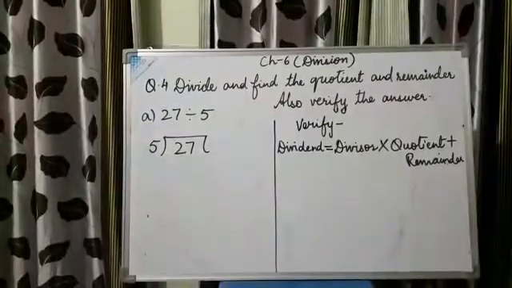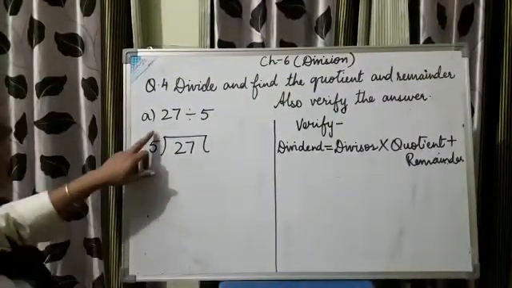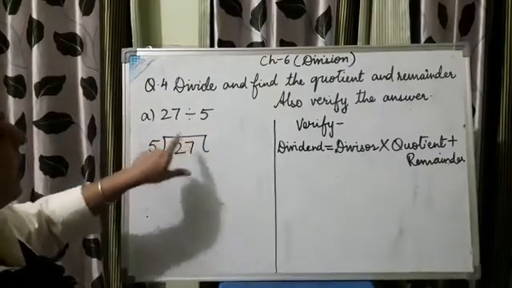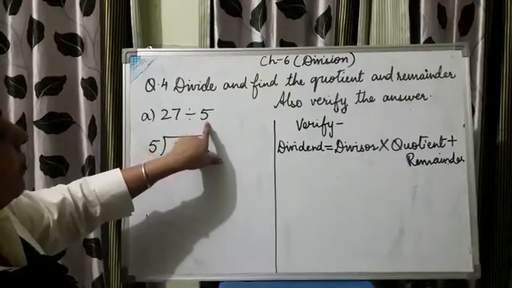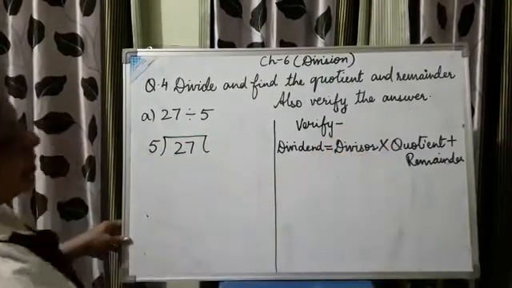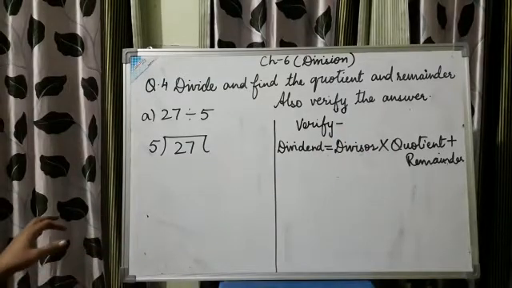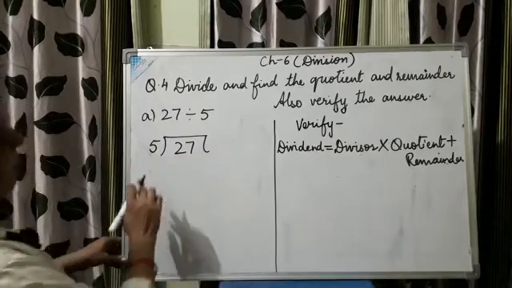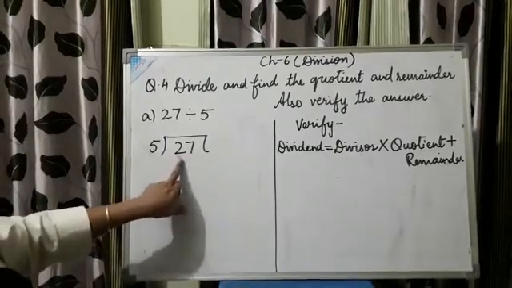Now I am going to do one more question, which is the A part, which says dividend is 27 and divisor is 5. 27 is to be divided by 5. Since I don't have place, I have not written the table. You can do it in your notebook or in rough somewhere and then see where 27 comes in the 5 table. It doesn't come.